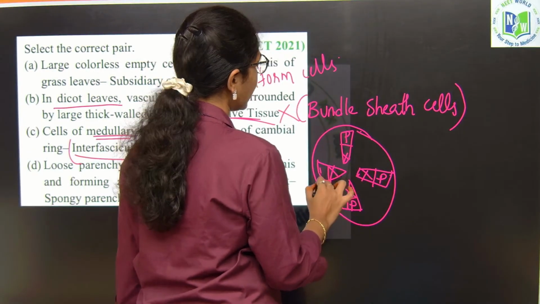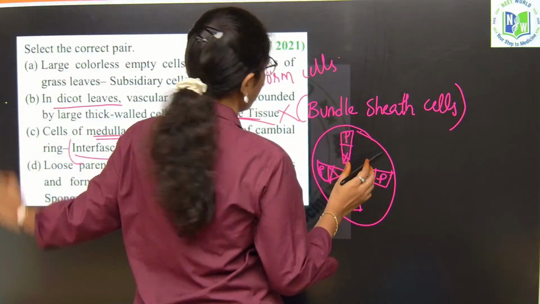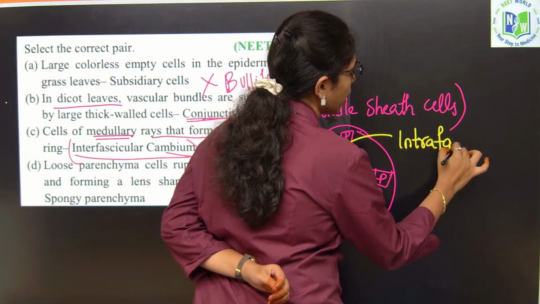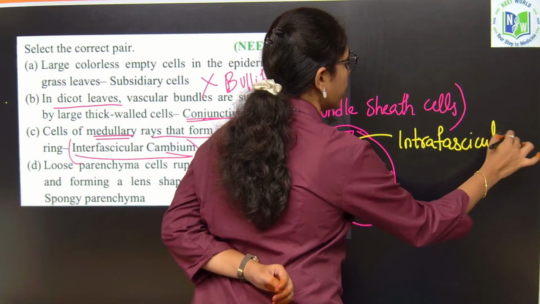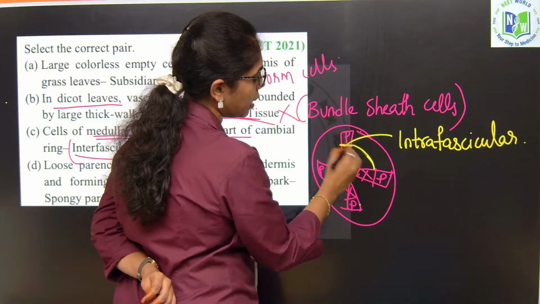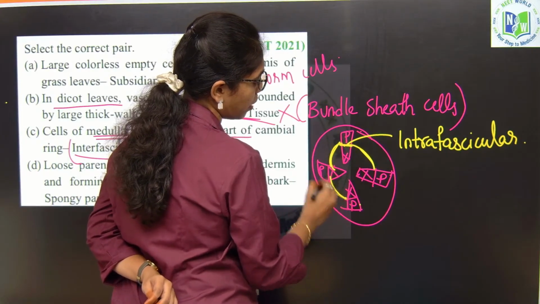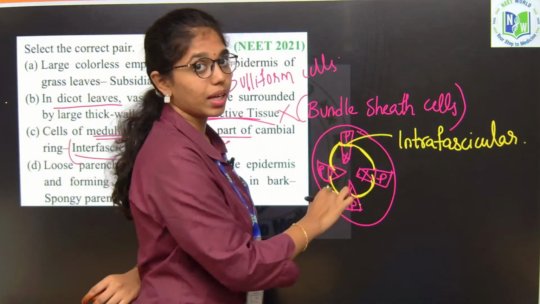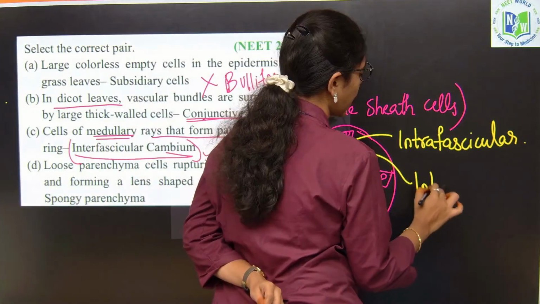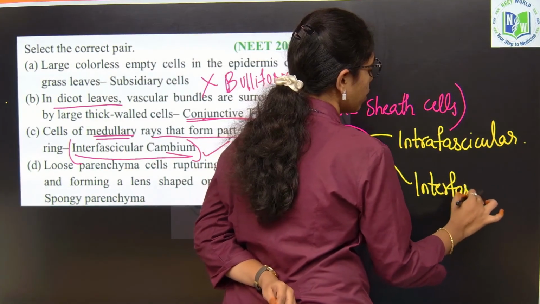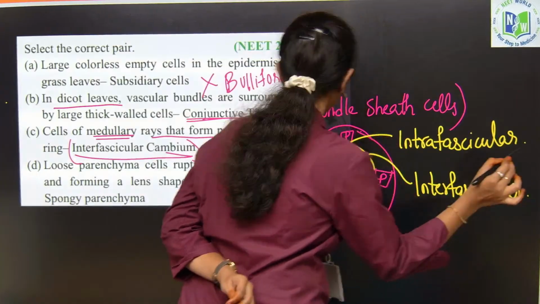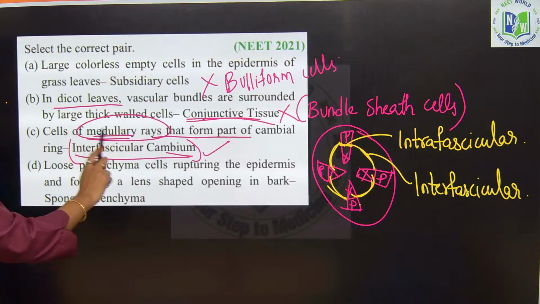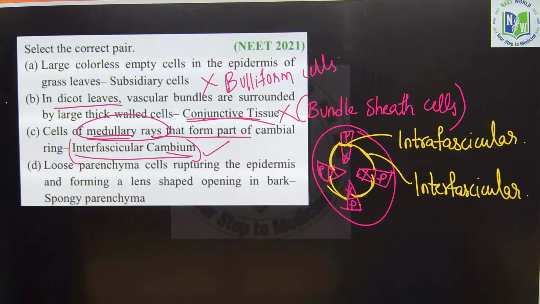In between xylem and phloem, whichever cambium is present is intrafascicular cambium. And in between two vascular bundles, whichever cambium is present, which forms the cambial ring, is interfascicular cambium. Clear, right? So it is not just medullary rays that form interfascicular cambium.